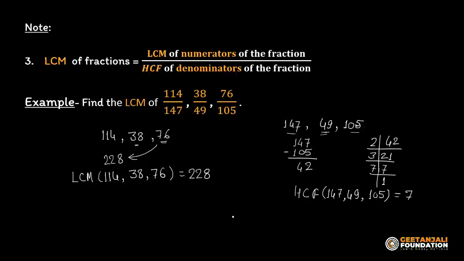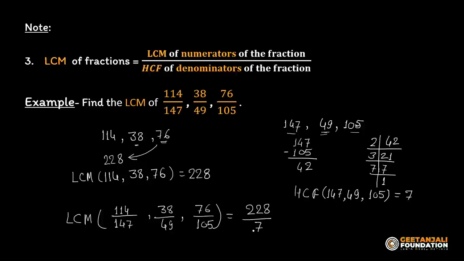So we have got the HCF of the denominators and the LCM of the numerators. So the LCM of the given fractions, 114 divided by 147, 38 divided by 49 and 76 divided by 105, is equal to 228 divided by 7.